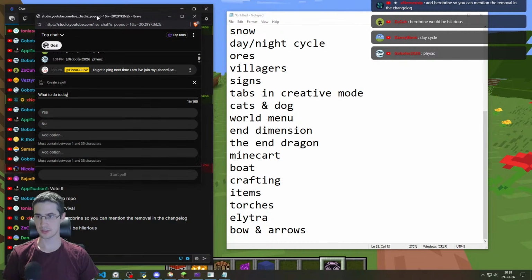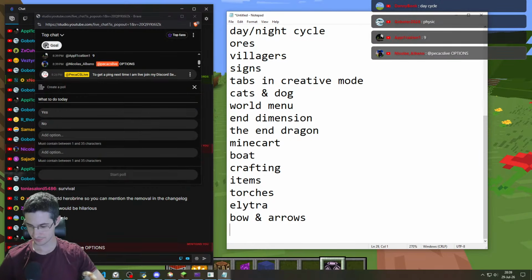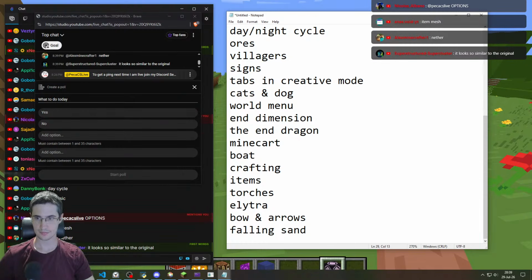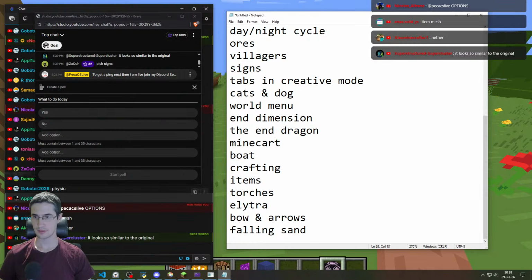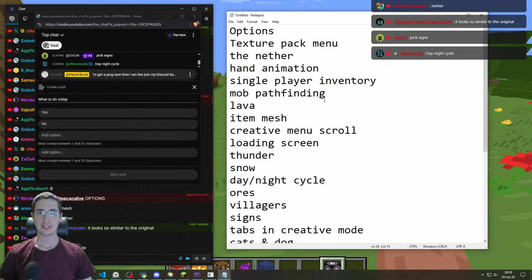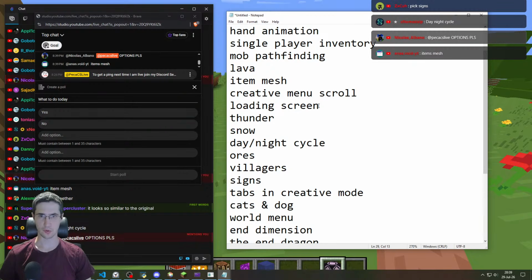Physics. Or we can do falling sand. Item mesh, nether, science, day night. We have a lot of options. We need to bring them down to 4.